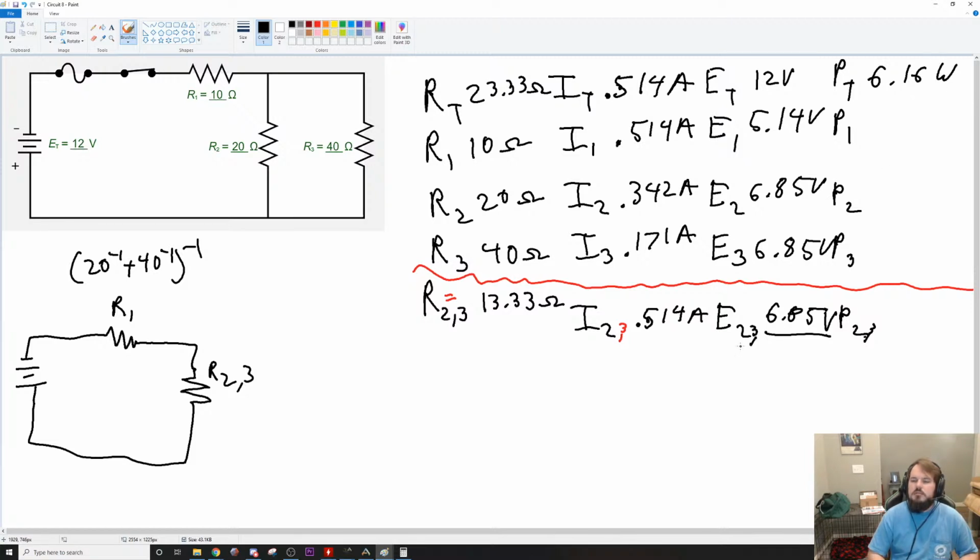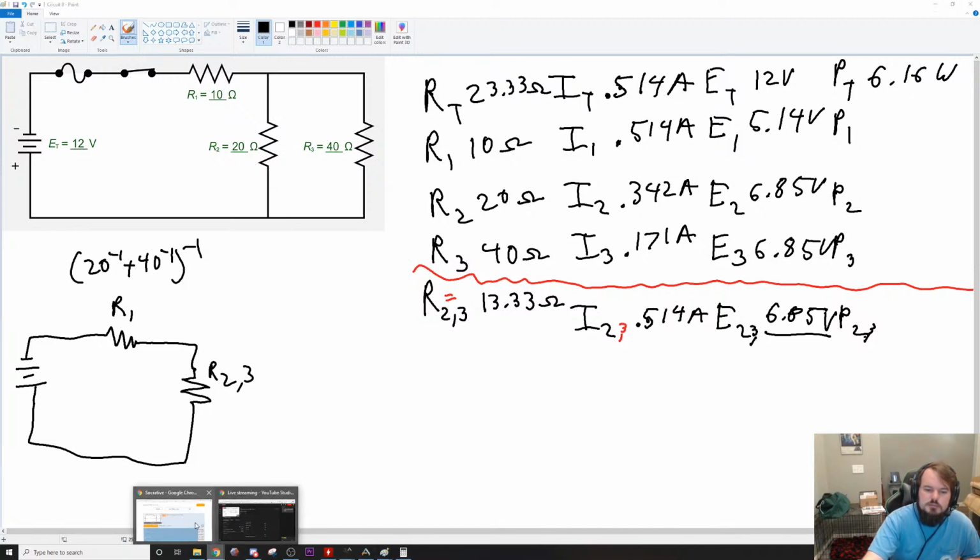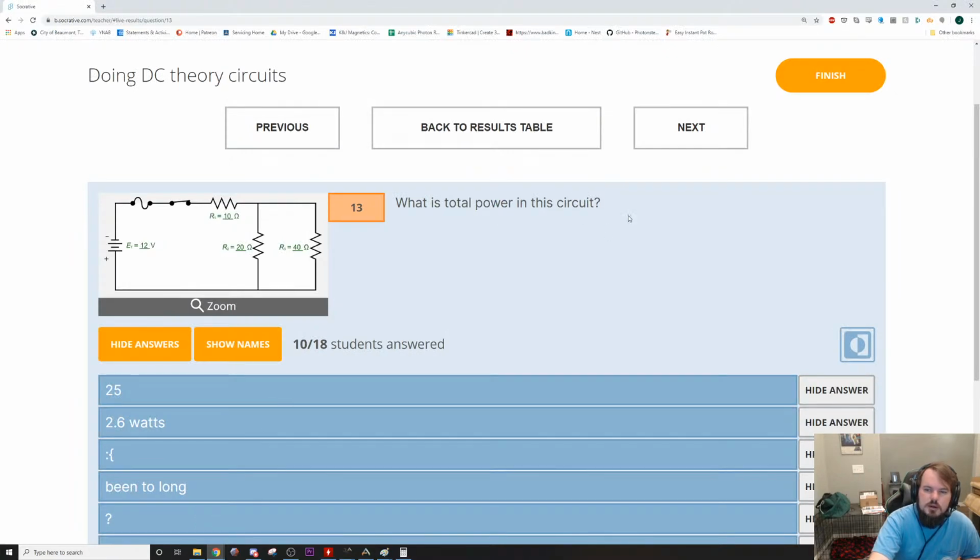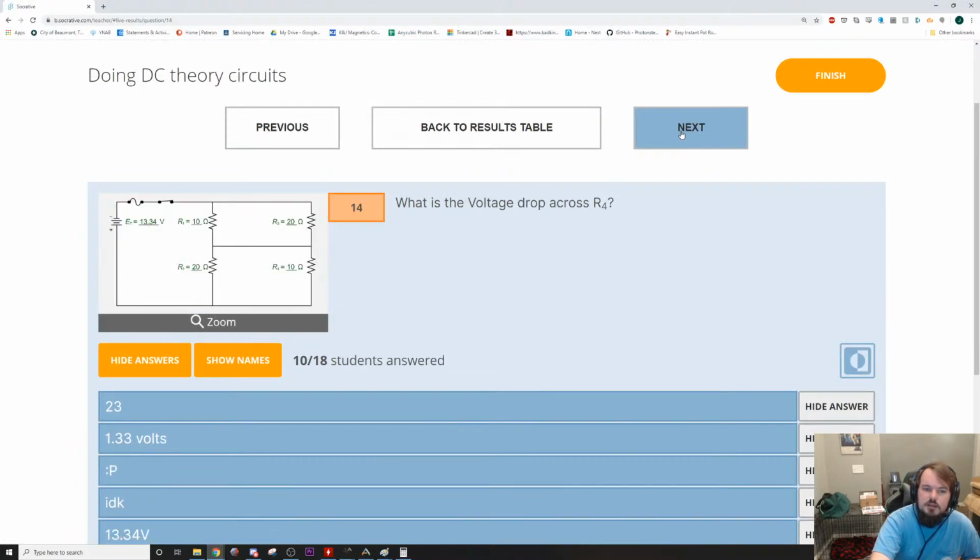All right, then, all right, so we have, what is the voltage drop across R4?